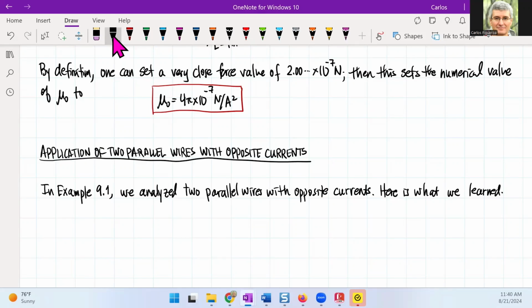If I have a magnetic field of a single wire, that was going to be proportional to 1 over x. By the way, that's an infinite wire, not a finite wire. And if I looked at the magnetic field of two wires, and of course it has to be with the opposite currents, then it goes as 1 over x squared.